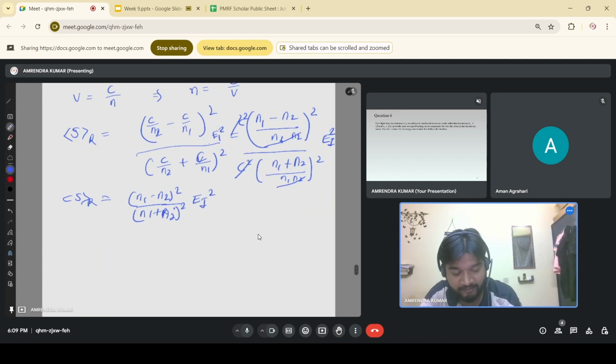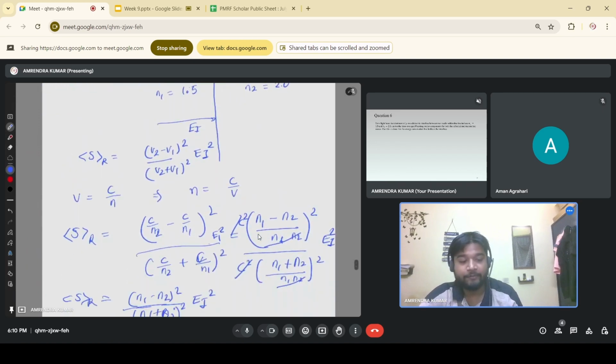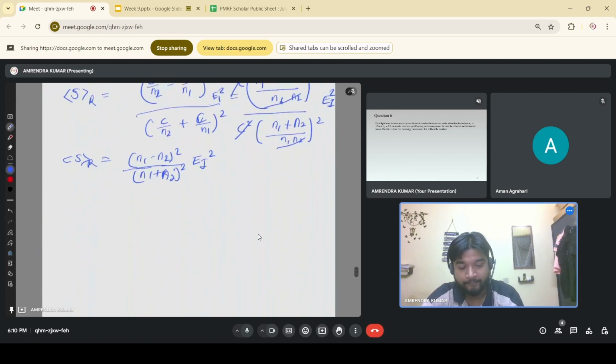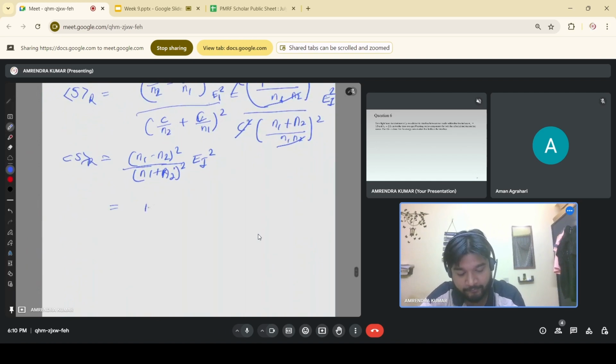Now let's calculate this. We have been given n1 is 1.5 and n2 is 2, so it will be ((1.5 minus 2.0) over (1.5 plus 2.0)) squared, which is around 0.5 squared over 3.5 squared.